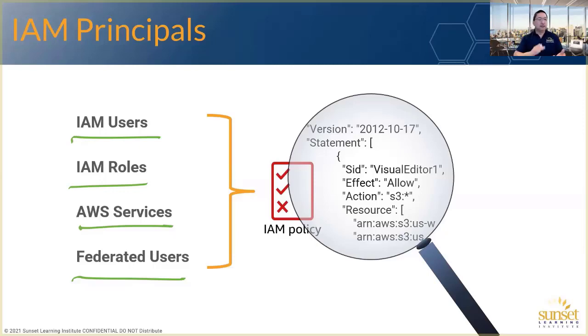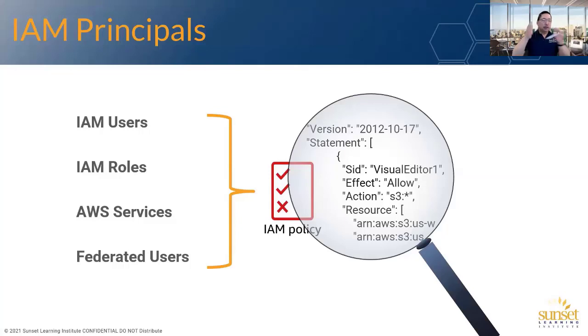Maybe they authenticate through Facebook or Google or something like that. We can set up a trust relationship between that identity provider, Amazon, Google, Facebook, whoever it may happen to be, with AWS and our resources within our account, so that they can access those resources using other sets of credentials. So that's what we mean by a federated user.